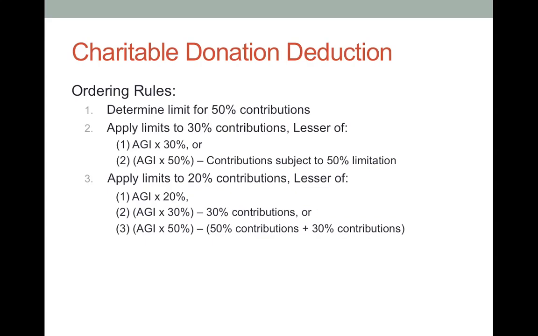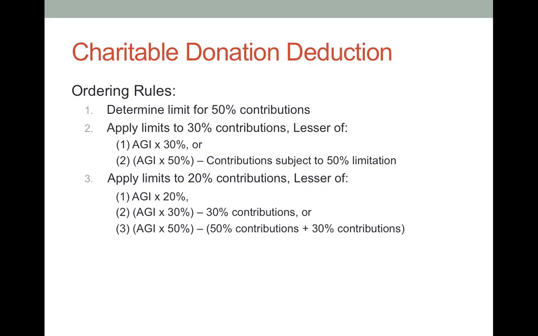If you ever use this information to go back and start studying for the CPA exam, this is something you might need to worry about, or something you might want to review before you take that portion of the exam. But to the extent you have donations that are subject to a 20% limit, and the only reason it would be subject to a 20% limit is if you're making contributions to a non-operating foundation, which will not be on the exam, that's when you would have these 20% contributions.